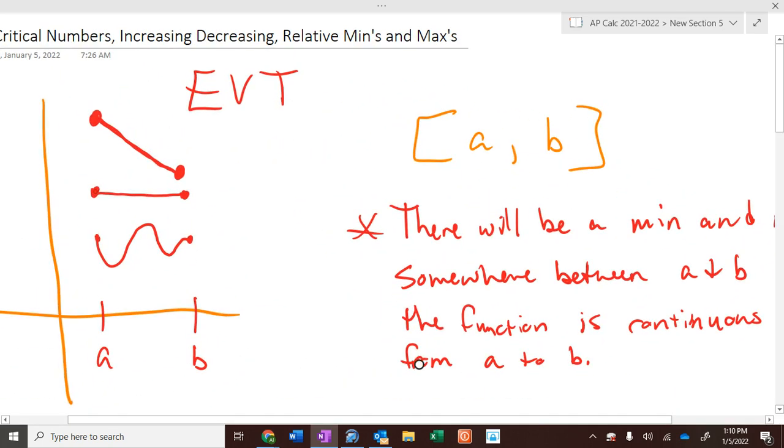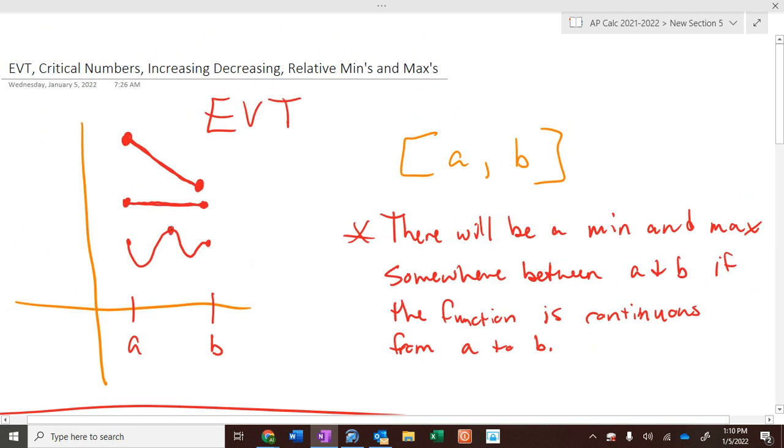So for the horizontal line, all the points are maximums, all the points are minimums. And in this third one, the maximum is this point right here, and the minimum is this point right down here, somewhere in between A and B. So the max could be an endpoint, or it can be somewhere in between. That's the extreme value theorem.